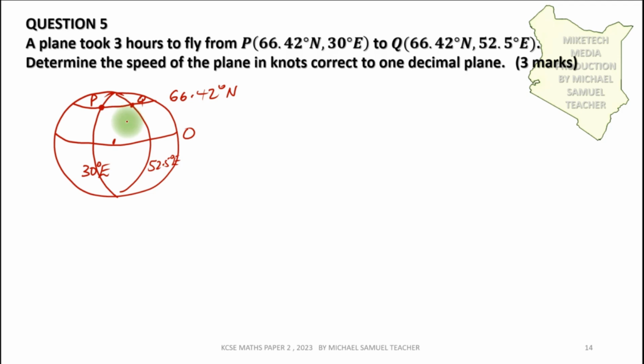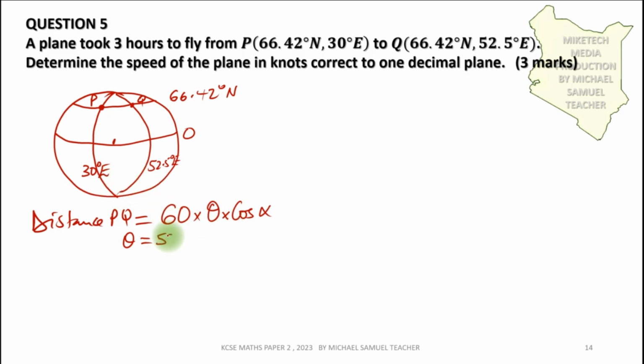Now to get the distance PQ, that is along the small circle, it is given by 60 times theta times cosine alpha. So we need to get theta and also alpha. Theta is the difference in longitude.